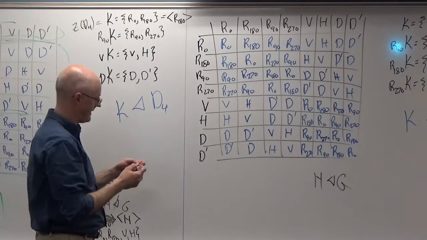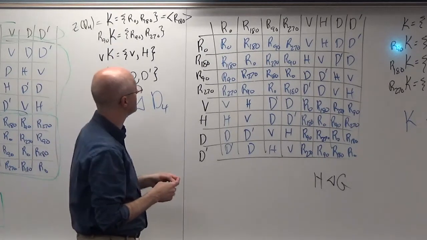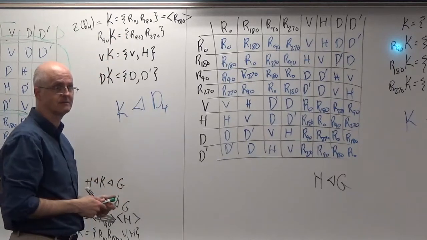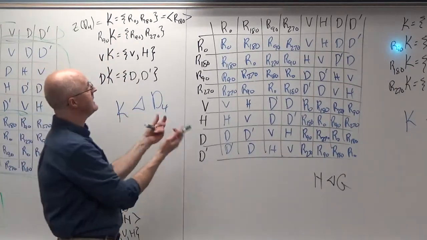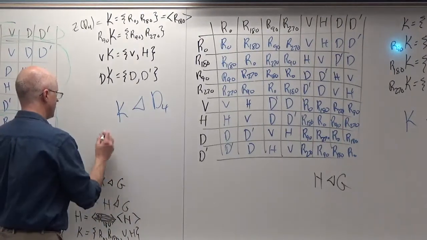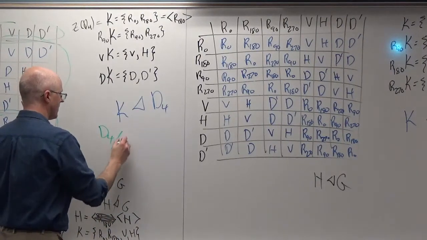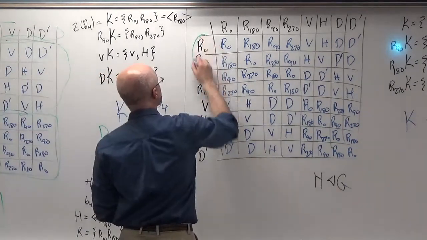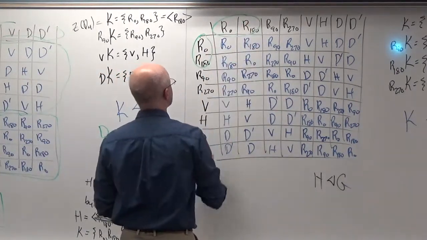And if you regroup the elements in the Cayley table to match what the cosets are, you can reinterpret the Cayley table as a new Cayley table for the factor group D4 mod K. Notice that R0 and R180 are going together.